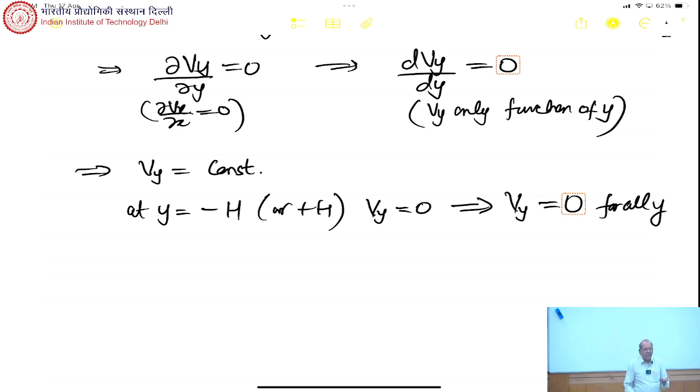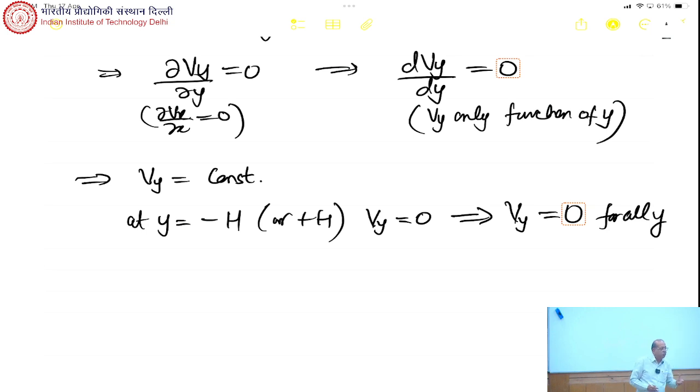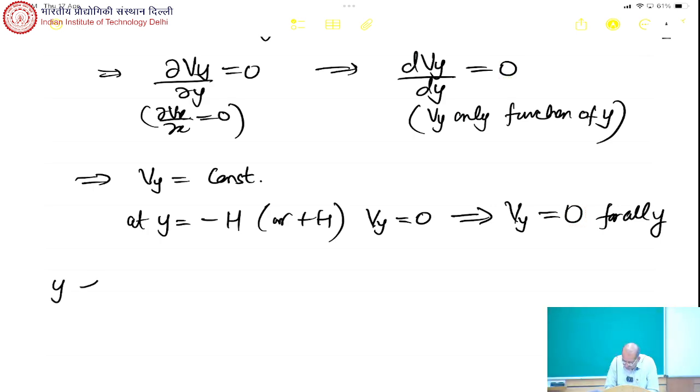Actually you can attack any one, but because we have a simplification that Vy is 0 at all points, I think it will be easier to use the y equation first, because we already know most of the terms there will become 0. So let's look at the y equation for momentum.